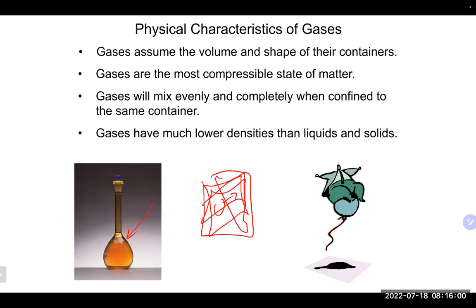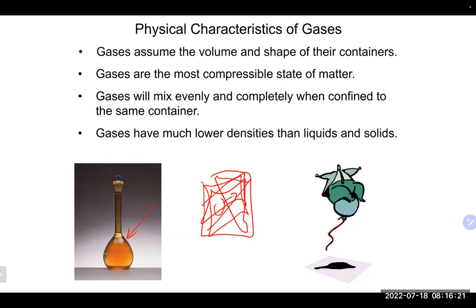One of the things that we will see in this chapter is that we oftentimes refer to the actual volume of the container itself rather than the volume of the gas that's in there, as the gas is moving around and filling that container uniformly.